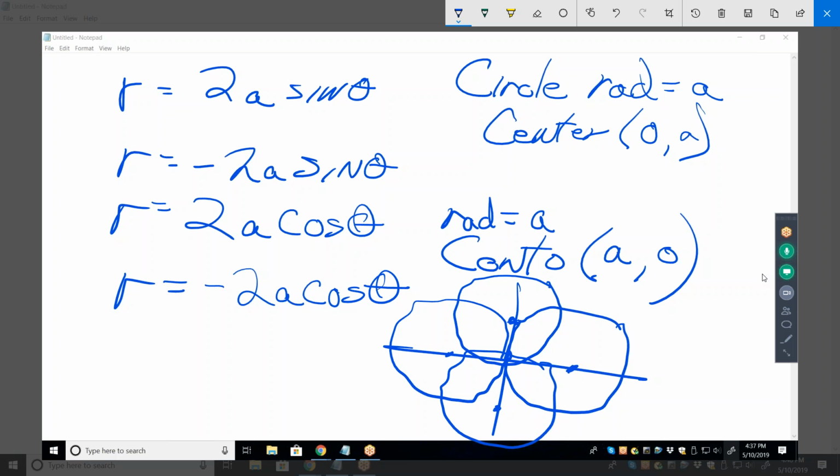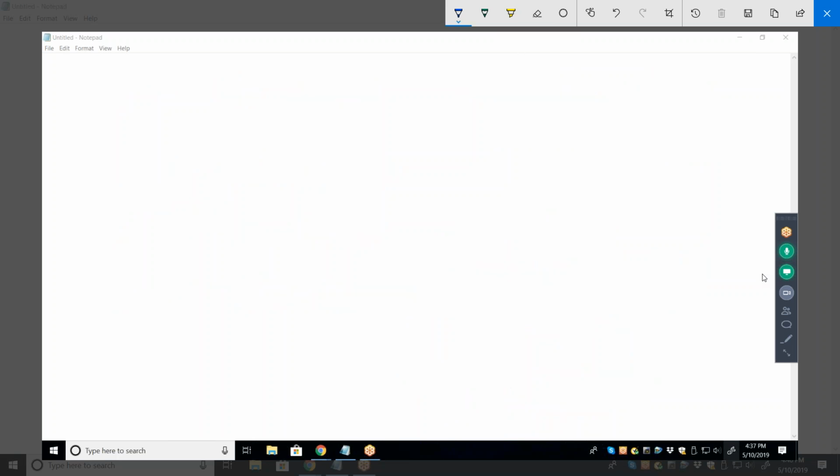I don't have any of those memorized, and let me just give you the cardioid formulas. If you have r equal to some a, which is just a constant, there's four of these also.